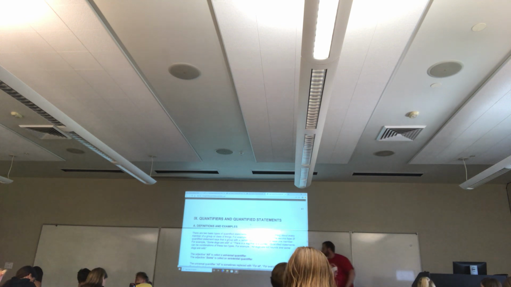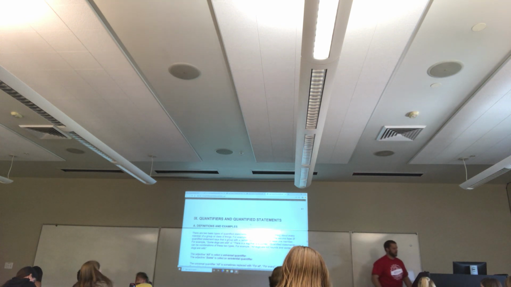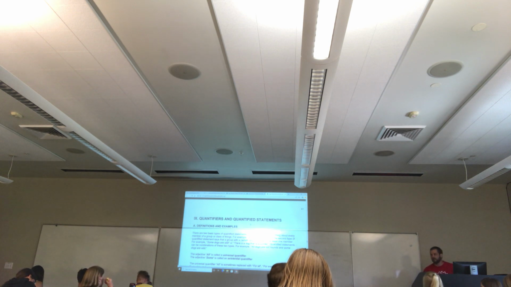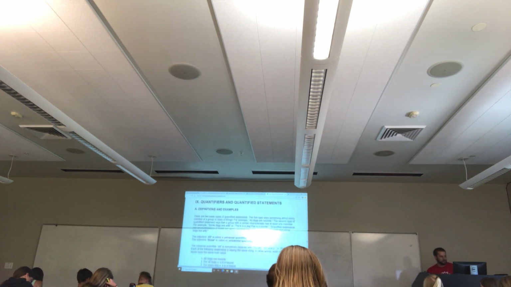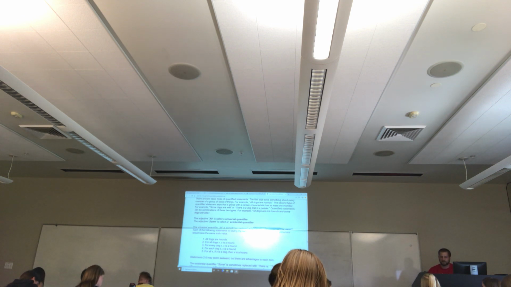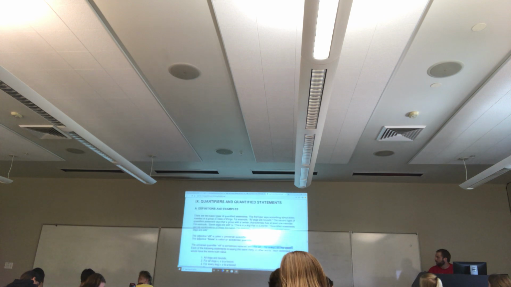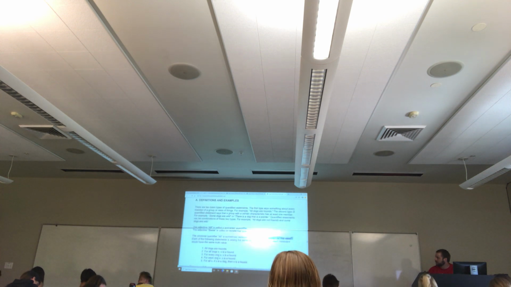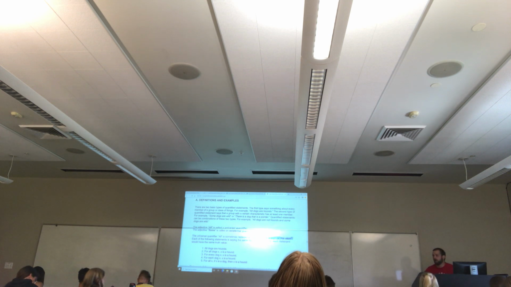So we have universal quantifier and existential quantifier. The universal quantifier all is sometimes replaced with for all. Highlight these right here: for all, for every, or for each. Highlight those words. That's another way to say all or have a universal quantifier.